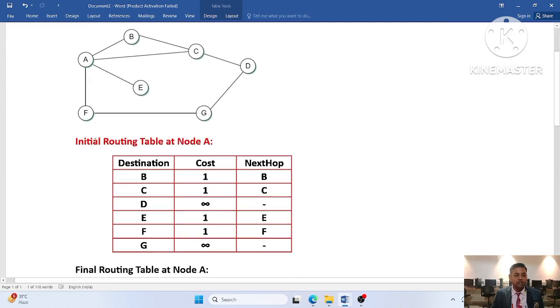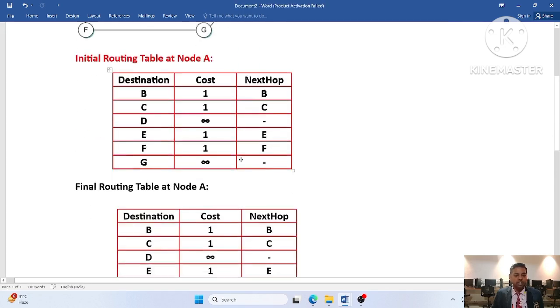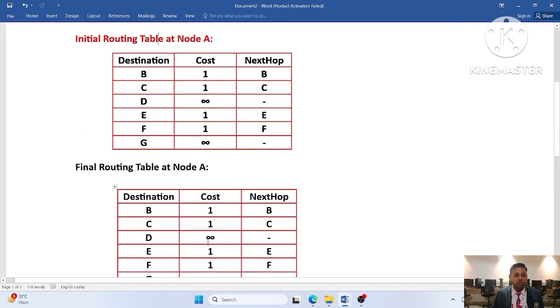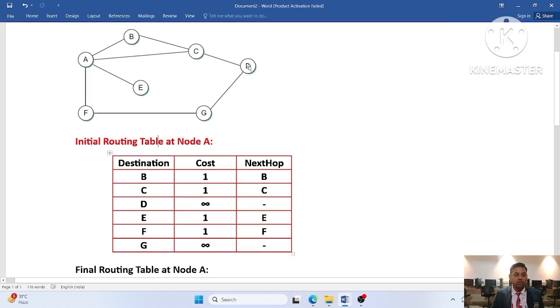In the graph, if you see, we can reach the node D with cost 2. There are many ways to reach the node D. For example, from A to B, hop count is 1. From B to C, hop count is 2.